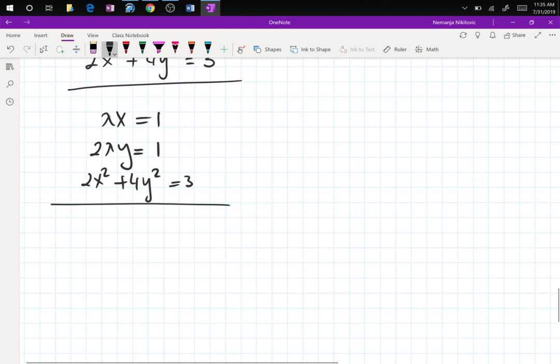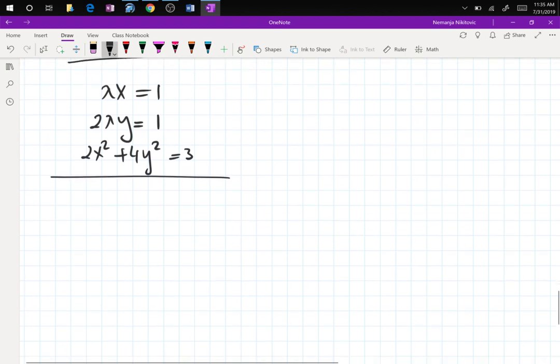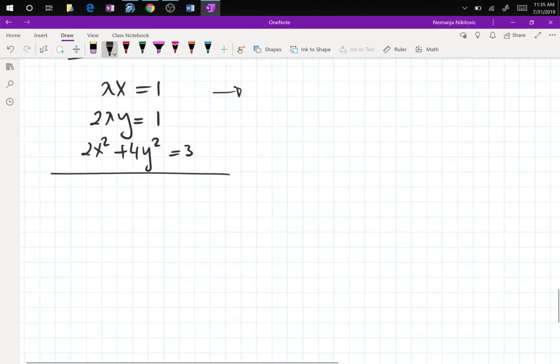If you can, kill lambda right away. So from the first equation, lambda is equal to 1 over x. We are allowed to divide by x because x cannot be 0. X is definitely not 0. Plug into the second equation: 2 times, instead of lambda, I have 1 over x, and then times y equals 1.